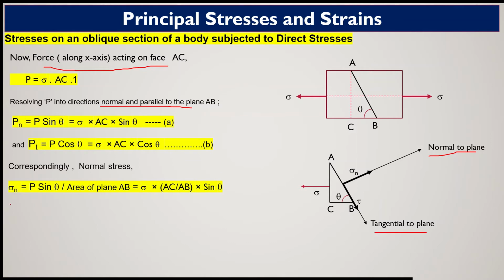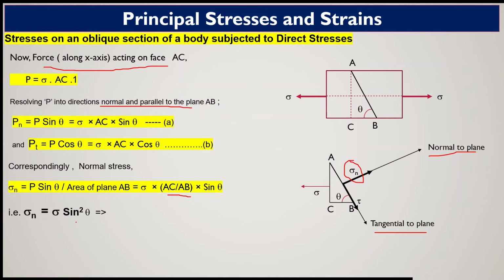Normal stress sigma n will be Pn divided by area. Pn is P sin theta, divided by the area of plane AB. The area of plane AB will be the length of plane AB into unit thickness. Taking the value from equation A, it will be sigma AC sin theta divided by the length of AB, so AC divided by AB into sin theta.